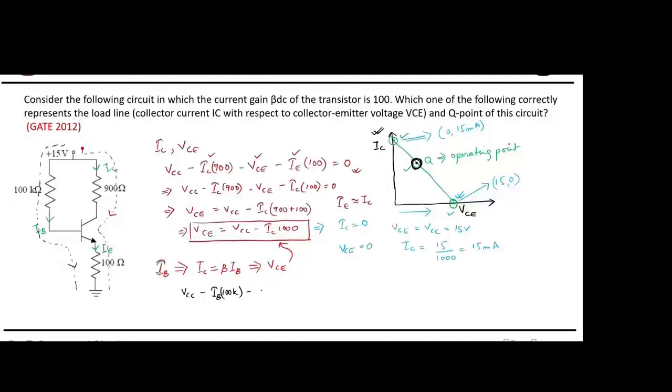Then, okay, someone was saying IB into 100K minus VBE minus IE into 100 ohm. Okay, now you want to find out IB, right? So this IE, can you replace by beta into IB?